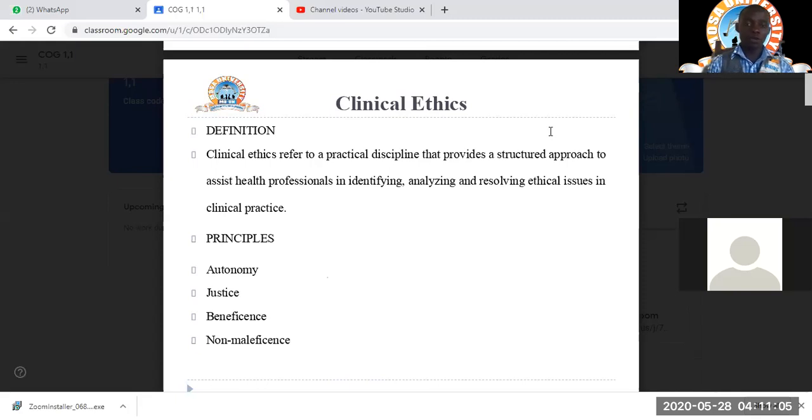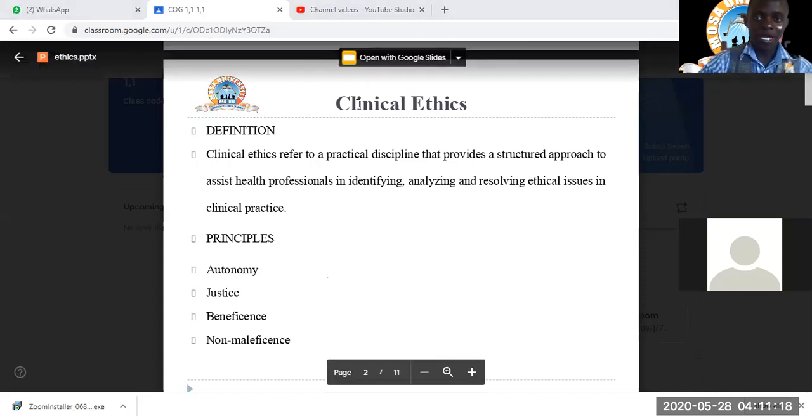If your ethics state that before you operate on someone, there's a payment that must be done, it means that ethics in this case will have you get the amount of money from them before you can actually conduct the surgery. So under clinical ethics, we are talking about rules and regulations that can help a clinical officer to identify, analyze, and resolve any ethical problems or issues that may arise in clinical practice.